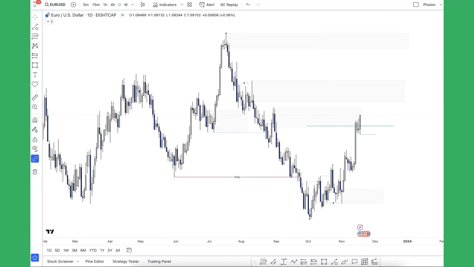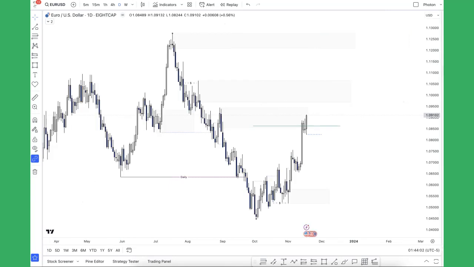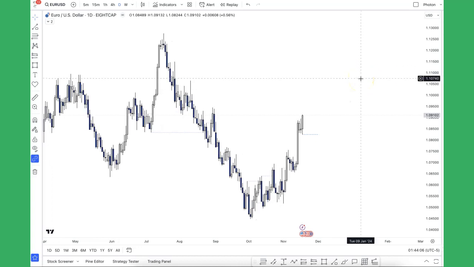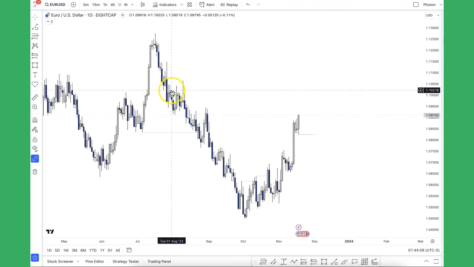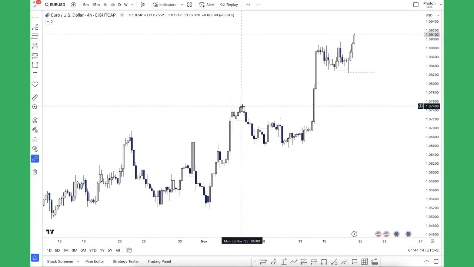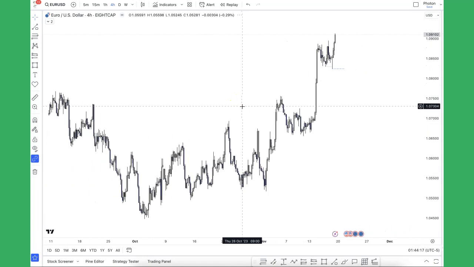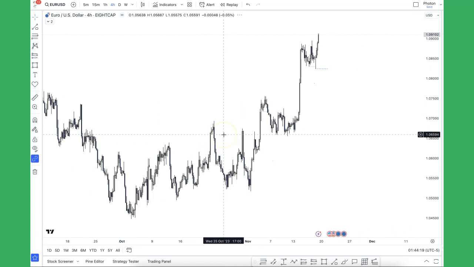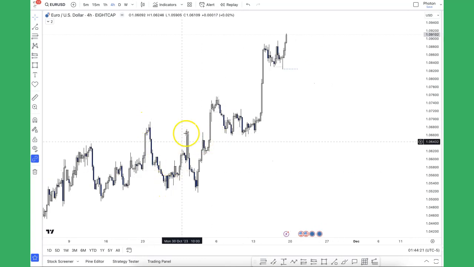Okay, forget it. Anyway, this is my daily, which I can now hide. And what I then do is I go onto the 4-hour chart, and I don't want to have the daily on at this point. Again, I have a very quick intuitive look, and I see these are all higher highs, higher lows, higher high, higher low, higher high.